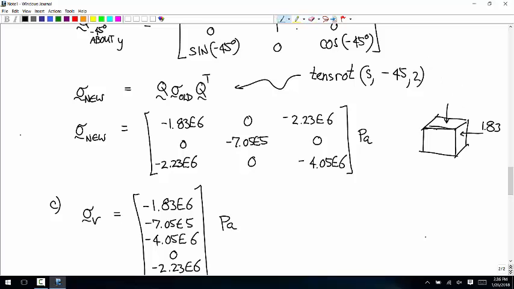So this would be 0.705. And then z, we have a compressive stress of 4.05. And then the only shear stress is xz. So that's negative. So this way and this way. And those would be 2.23.